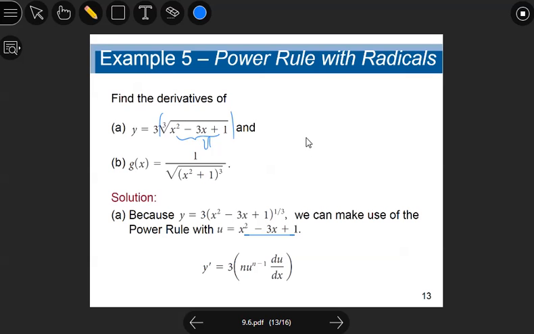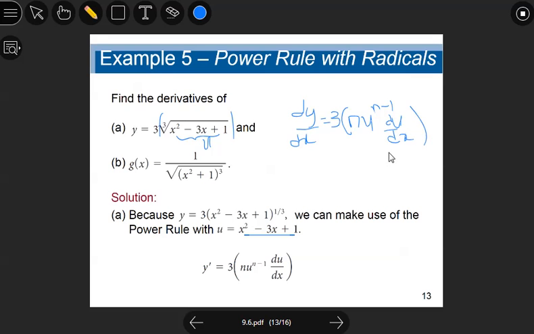Then you can write dy/dx by using the setup of the power rule: 3 times, because 3 is a constant, n times u to the n minus 1, times the derivative of u with respect to x, du/dx.